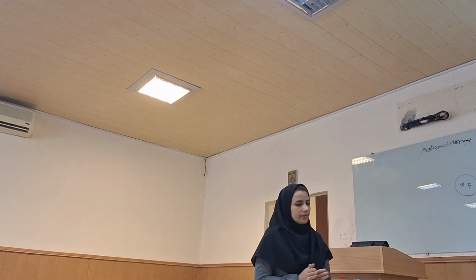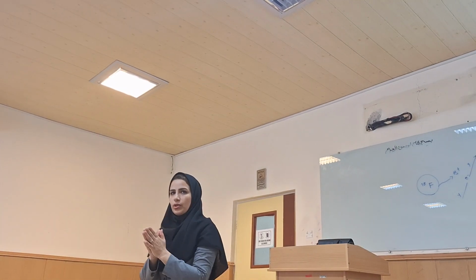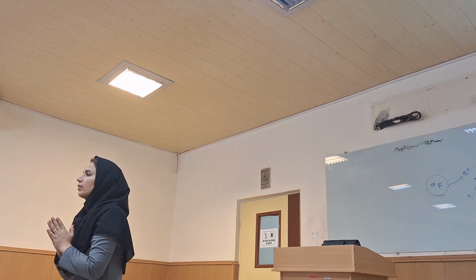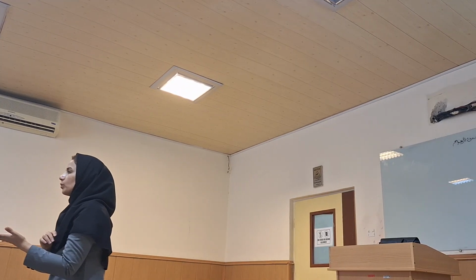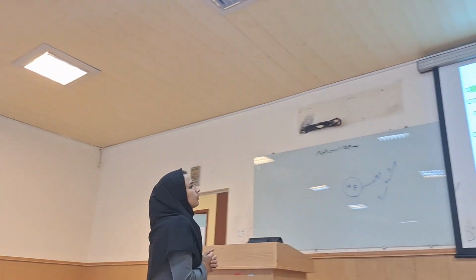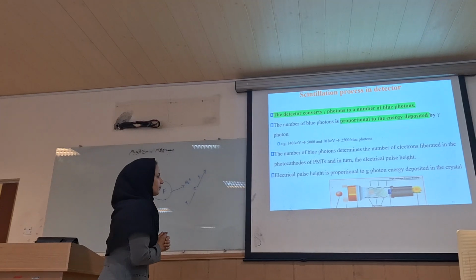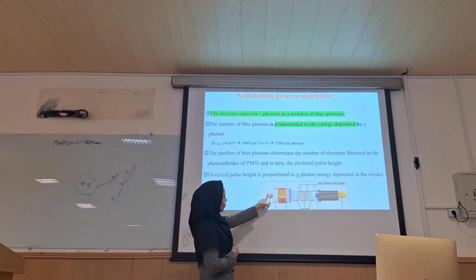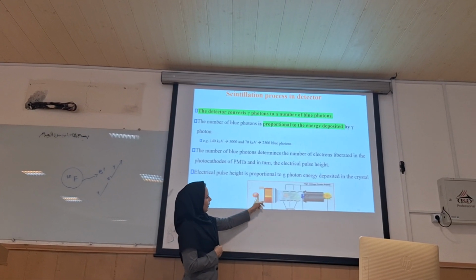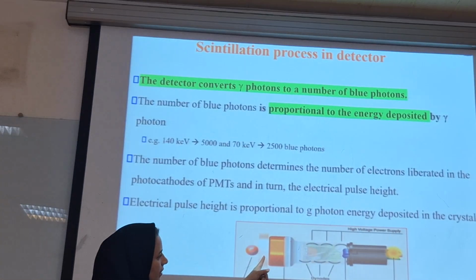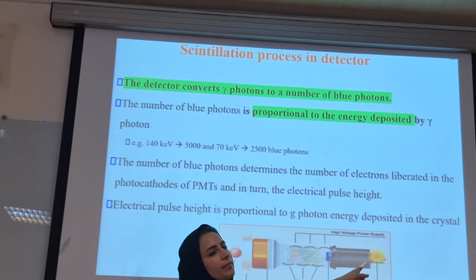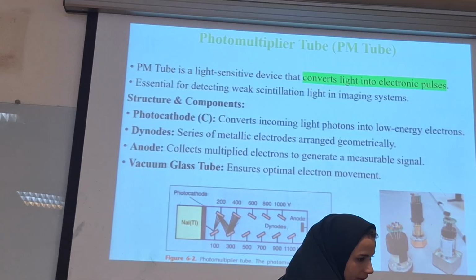After that, the output of my crystal is the light photons, and this light is received by the PM tube, or photomultiplier tube. What is the role of the photomultiplier tube? This is my source, and then the detector, and this is the crystal, and this is my PM tube.